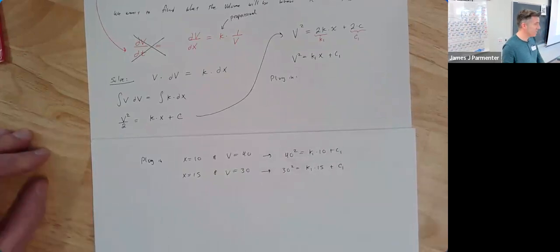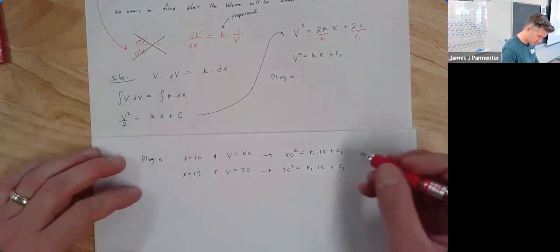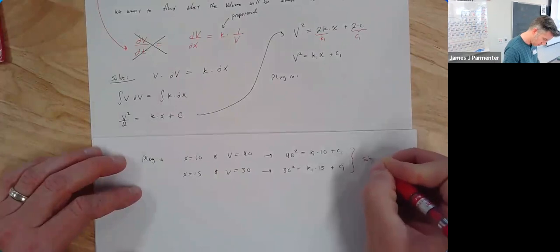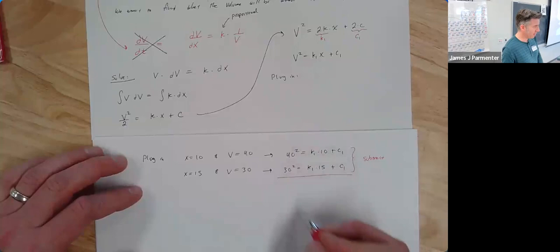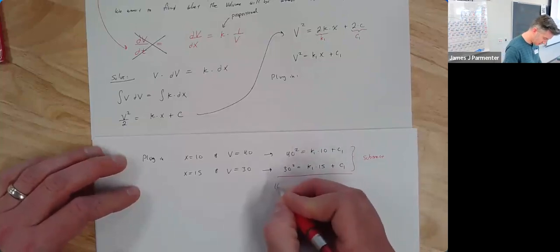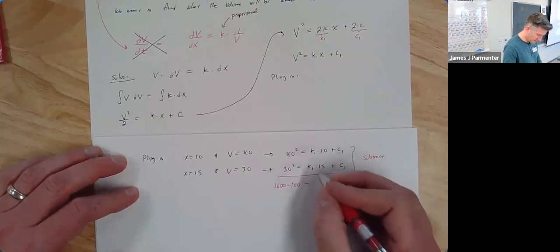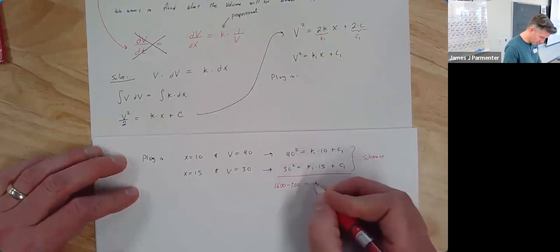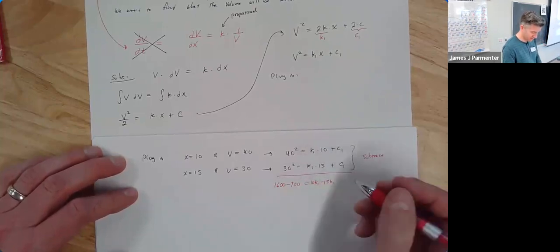And I think this is another example of how we could solve for C1 in both of them, but I feel like the easier thing to do is just to subtract the first equation minus the second equation. So if I subtract these, I'm going to get 40 squared minus 30 squared, which is 1600 minus 900, equal to K1 times 10 minus K1 times 15, or 10K1 minus 15K1, and C1 minus C1 cancels out.